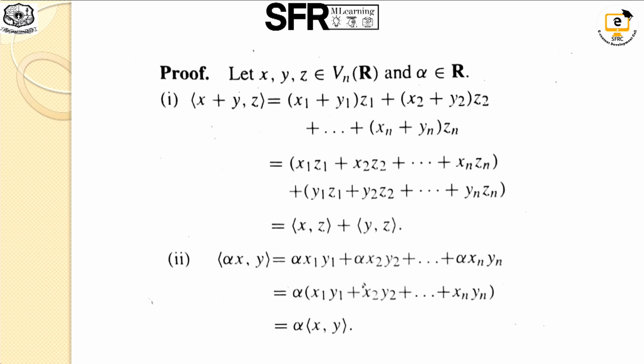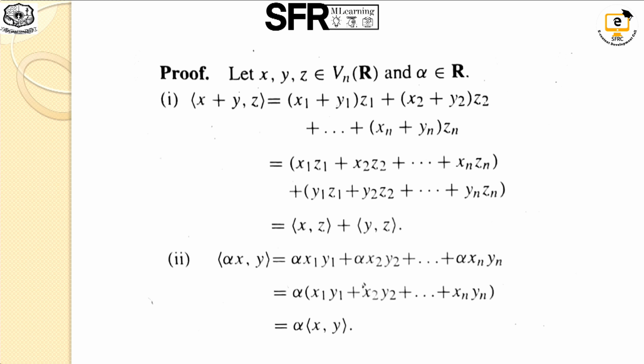By addition of n-tuples in Euclidean space, inner product of x plus y comma z becomes (x1 plus y1) z1 plus (x2 plus y2) z2 up to (xn plus yn) zn. Then by usual scalar multiplication, it becomes x1 z1 plus x2 z2 up to xn zn plus y1 z1 plus y2 z2 up to yn zn. The first part is inner product of x comma z and the second is inner product of y comma z.